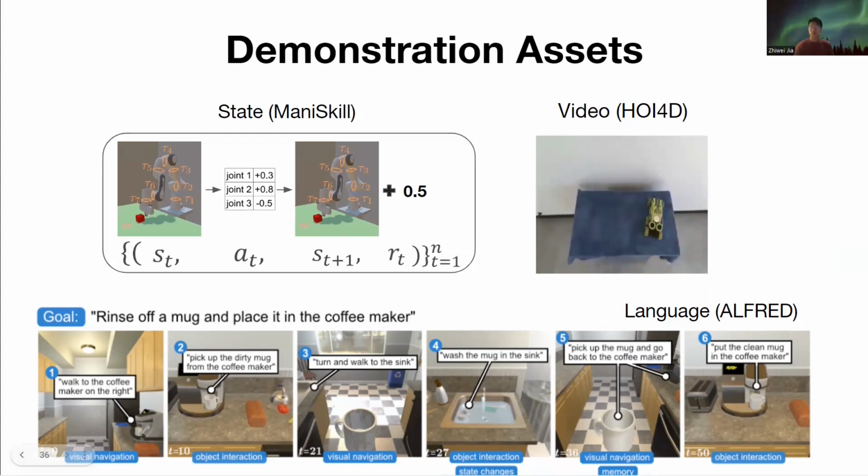The example shown here is for a simple pick and place task. Also, we have other modalities available, such as the dataset from ALFRED, which provides step-by-step language description of the actions in the trajectories. Here, each high-level action is annotated with a corresponding language instruction.